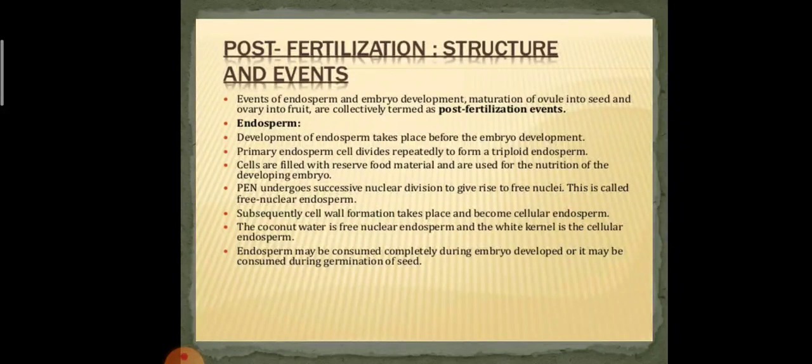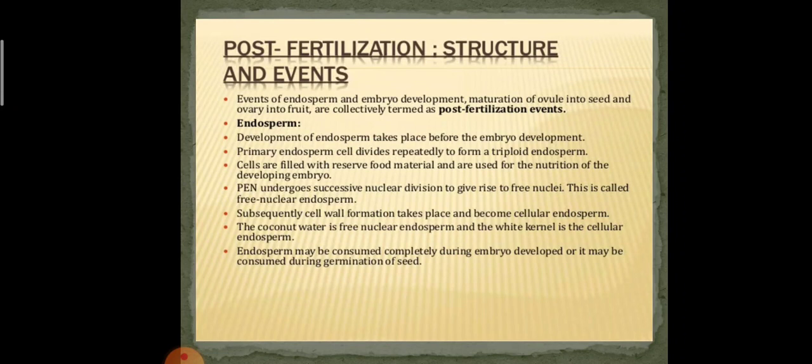So from external changes, the plant comes to internal changes, where the outer integument is converted into testa, the inner integument is converted into tegmen, the funicle is converted into the stalk of the seed, and the micropyle is still present.